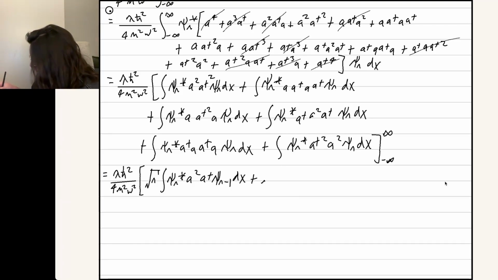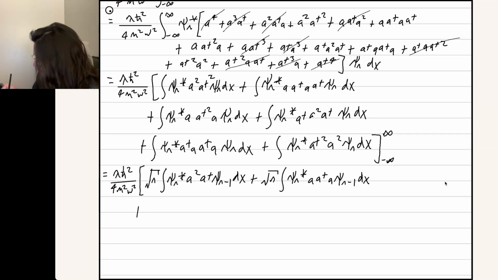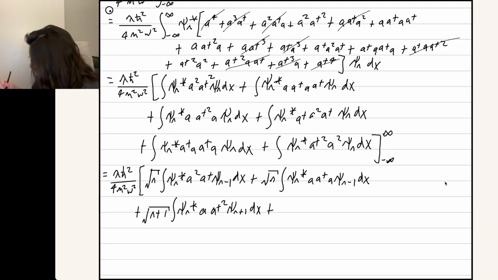So it's a lowering operator, you'll get root n, psi n star a dagger a root n minus 1 dx, plus, and then it's a raising operator, so it's a root n plus 1 times integral psi n star a dagger squared psi n plus 1 dx, plus lowering operator, so root n, psi n star a dagger a squared psi n minus 1 dx.